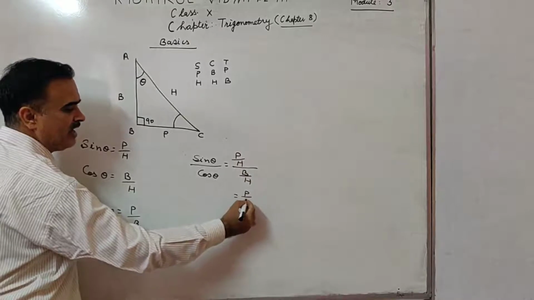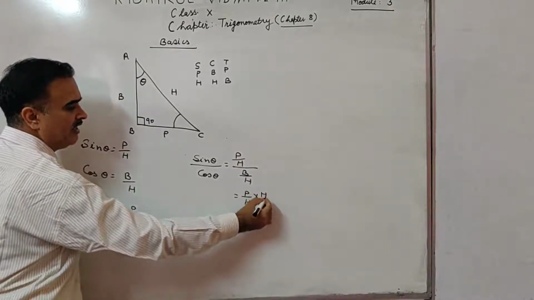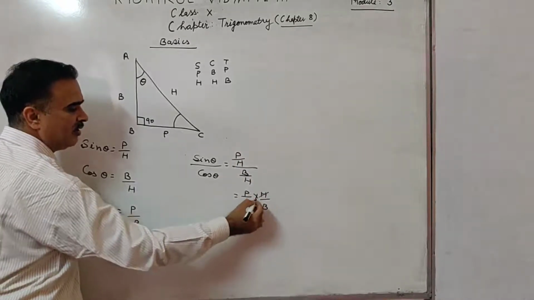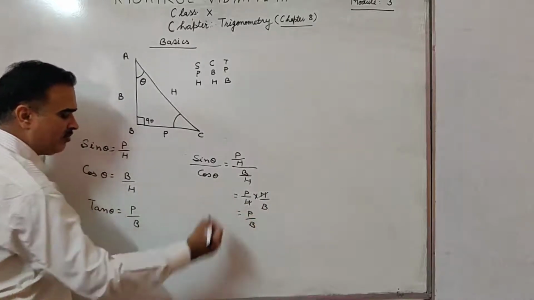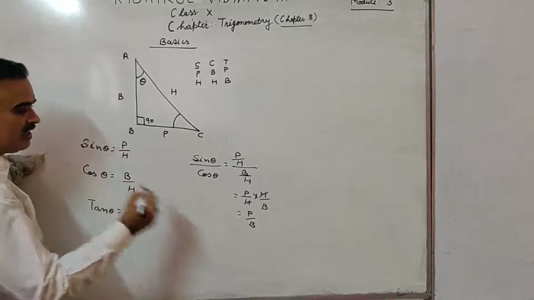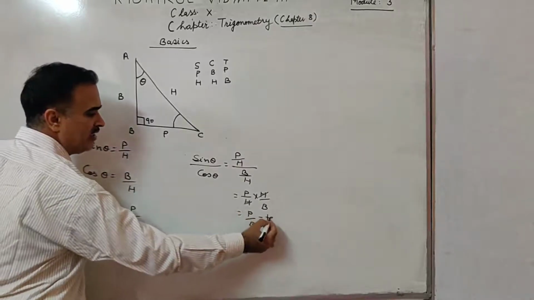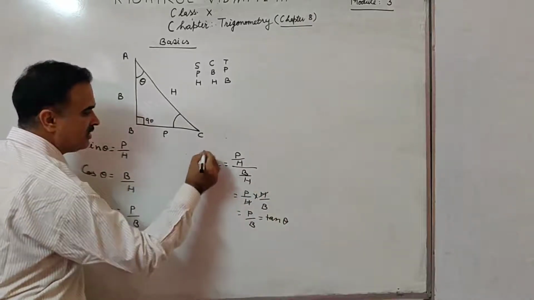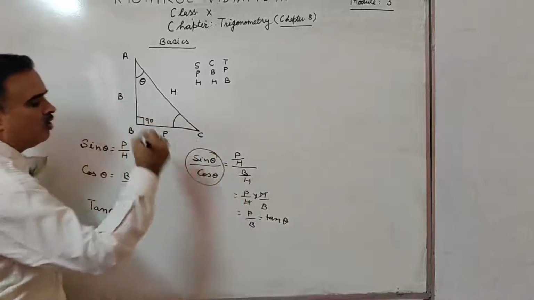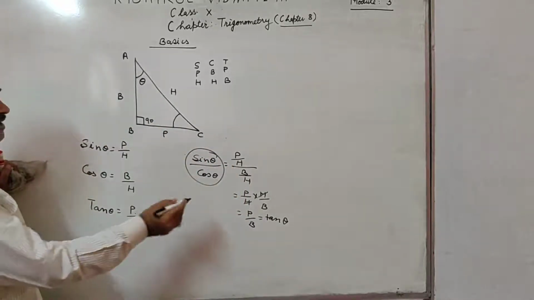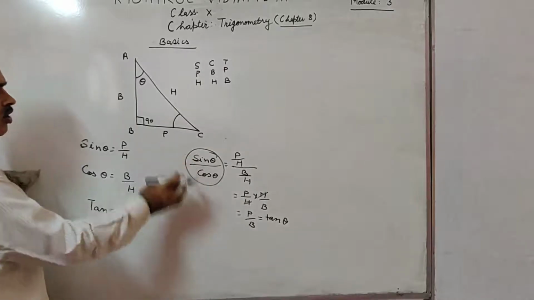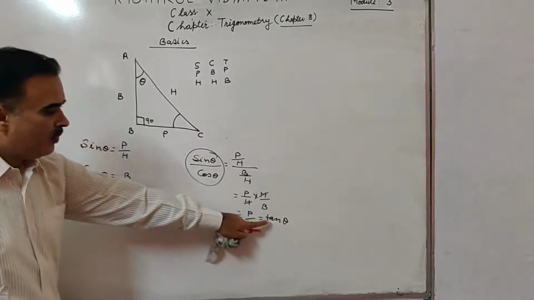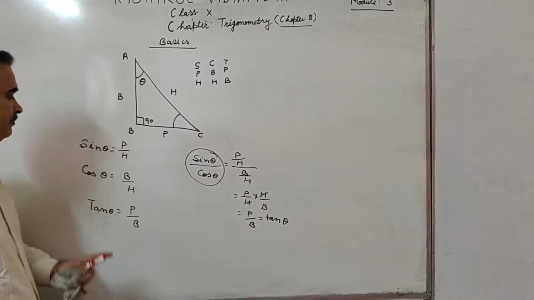This is P by H, that is H by B. This cancels out. This is P by B. What is this P by B? P by B is tan theta. So we can say tan theta is sine theta upon cos theta. This is a very important part: if we divide sine by cos, we will get tan theta.